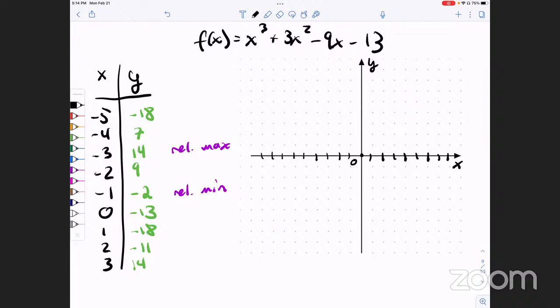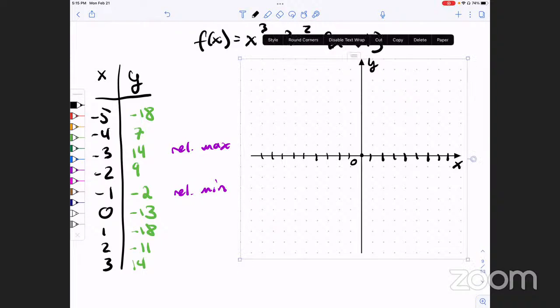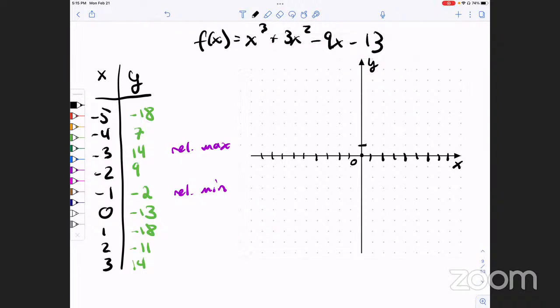On the y-axis, we said -20 to 20. Let's go by fours. 4, 8, 12, 16, 20.